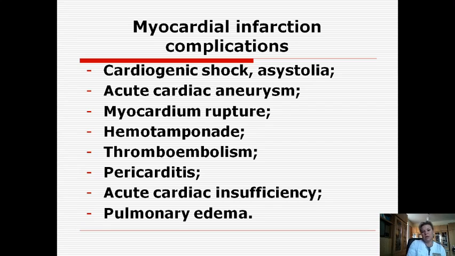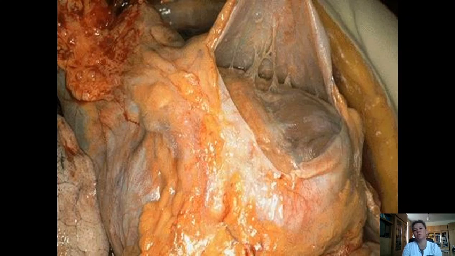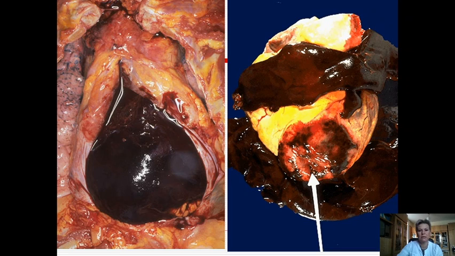Thromboembolism from the endocardium, pericarditis, acute heart failure, and pulmonary and brain edema as a result of acute venous hyperemia. In this photo, you can see pericarditis, hemopericardial tamponade, hemopericardium as a result of aneurysm formation and rupture of the aneurysm.